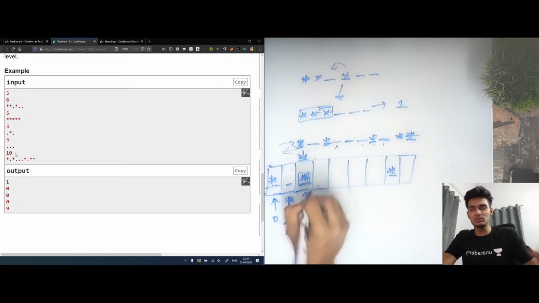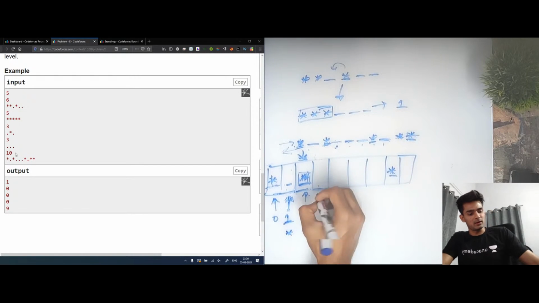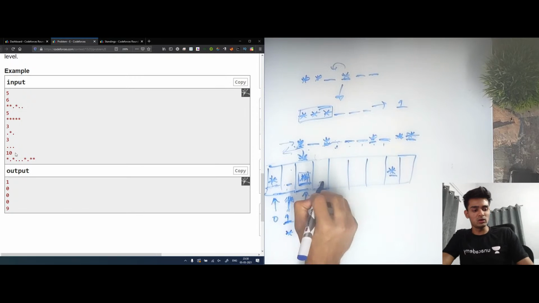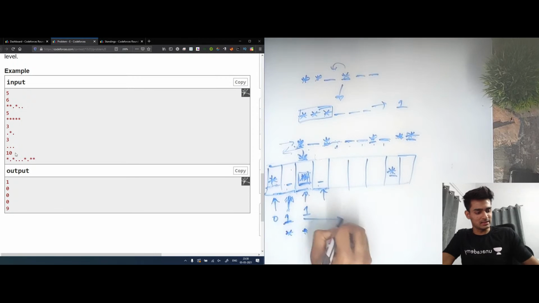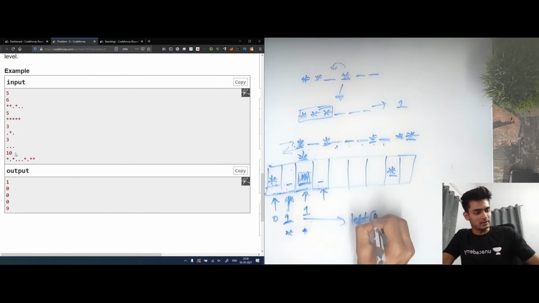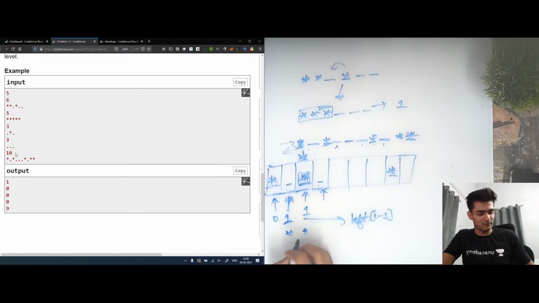Okay, now let's come on to this index. What this index tells us is that we do not have any sheep here. So basically this is left of I minus 1 right now. This left of I minus 1 tells us that we have all the sheeps from this index in the left direction. If we can tell the count of these sheeps, because we know that there are two sheeps, then in order to have these two sheeps shifted by 1 step, since this is empty, we have to move every sheep by 1 in the right direction.